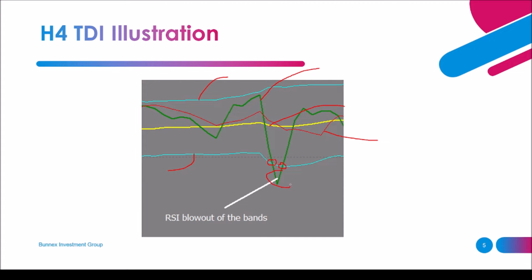We can see it moving out of the bands, the RSI line blowing out of the volatility bands. So on H4, whenever we see this cross of the green line and the blue line signifying a cross outside the bands, that is the first sign that the market is now at a prime time of market reversal.